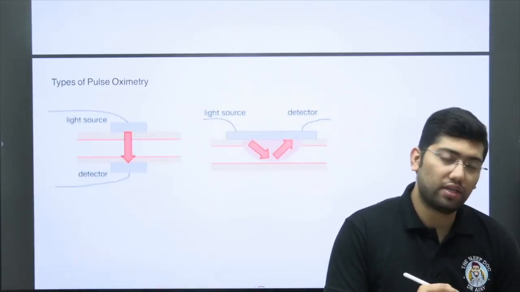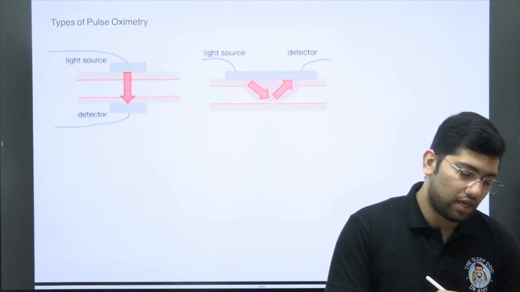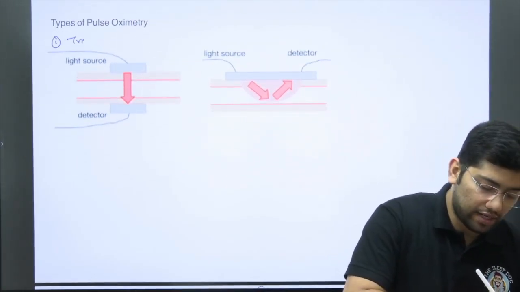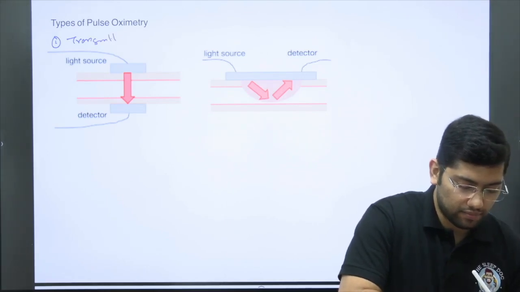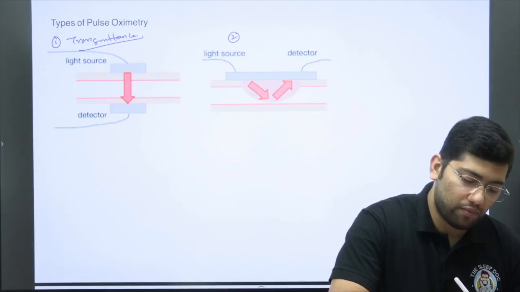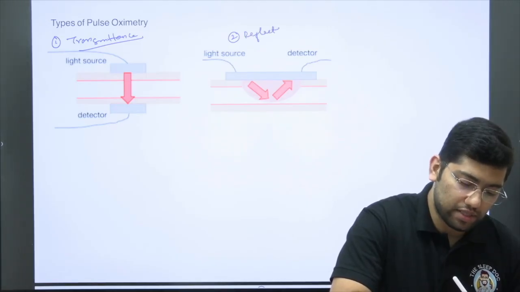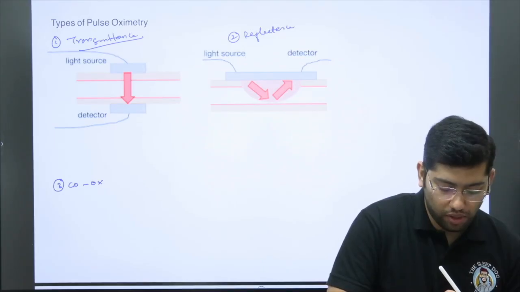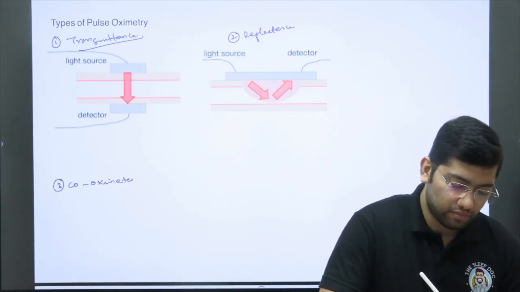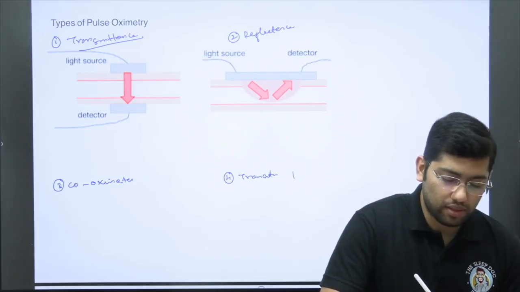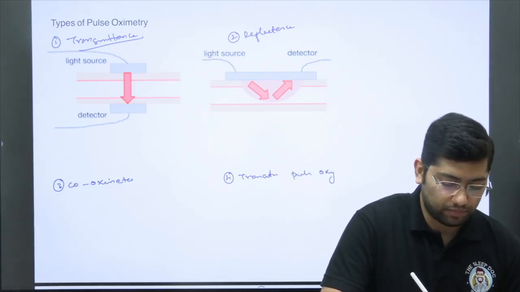Now, coming to the types of pulse oximeters. There are 4 types of pulse oximeters. One is the transmittance pulse oximeter, and the second one is the reflectance pulse oximeter. The third is the co-oximeter, and the fourth is the transcutaneous pulse oximeter.